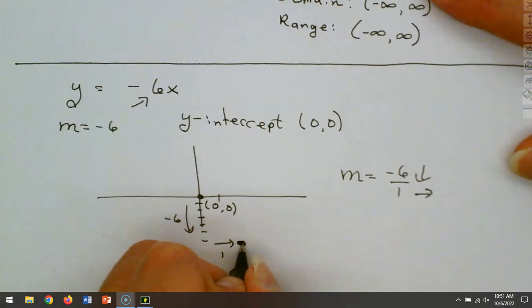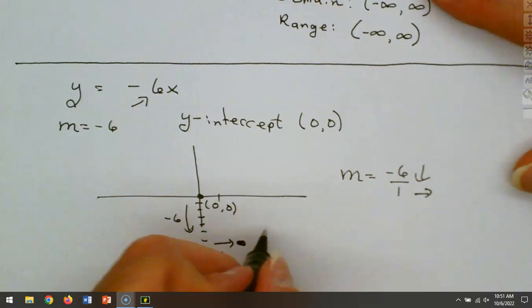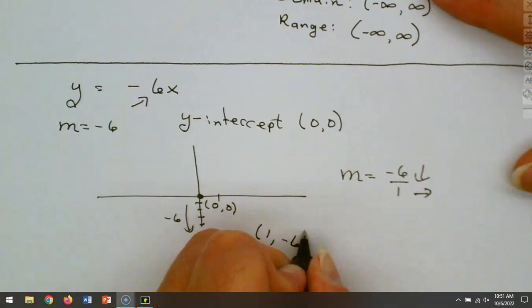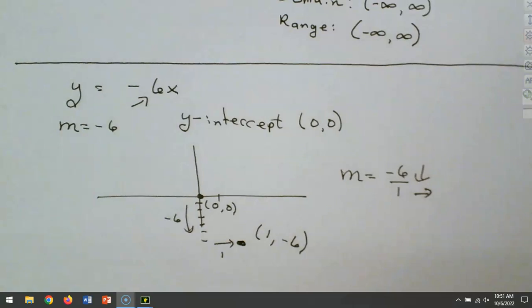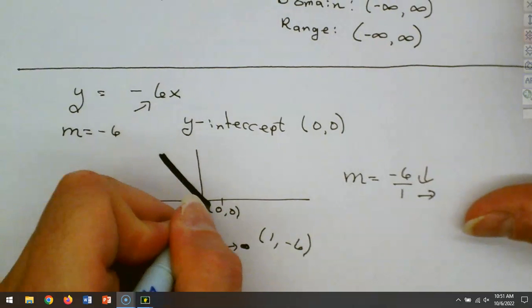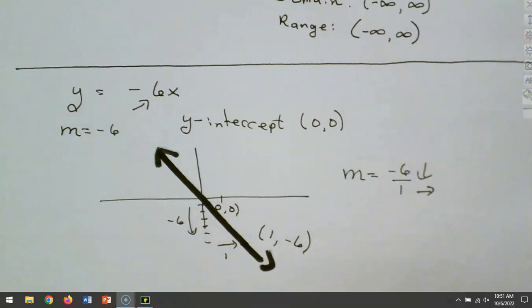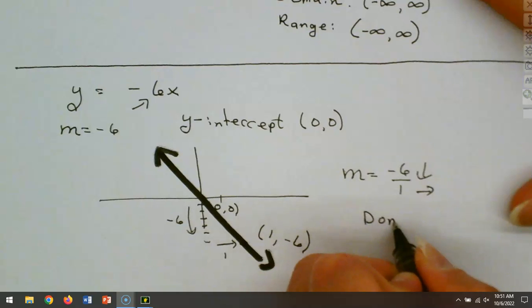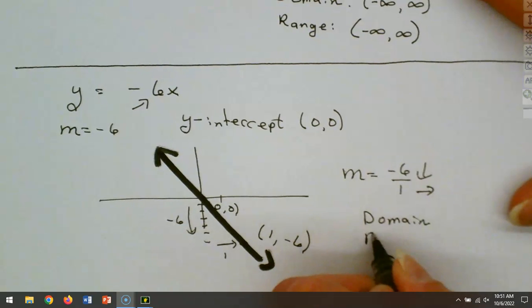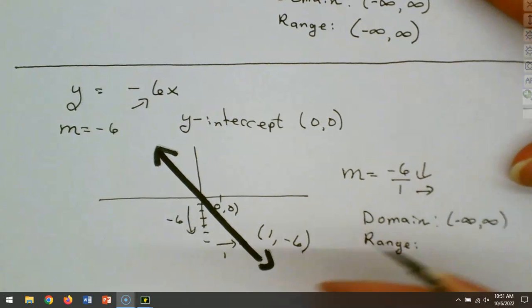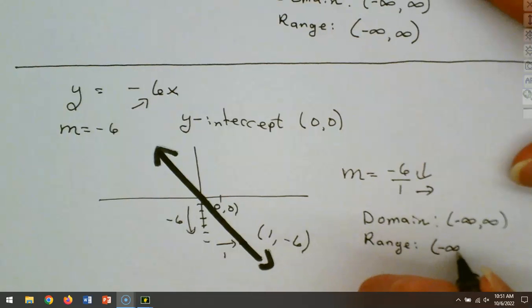And that makes my second point right here at 1, comma, negative 6. And when I connect them together, we have our line. What would the domain and range be? Okay. Negative to positive infinity for both.